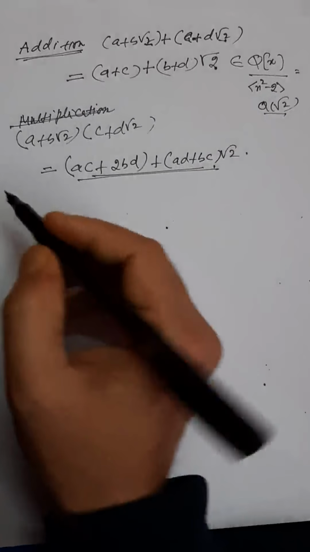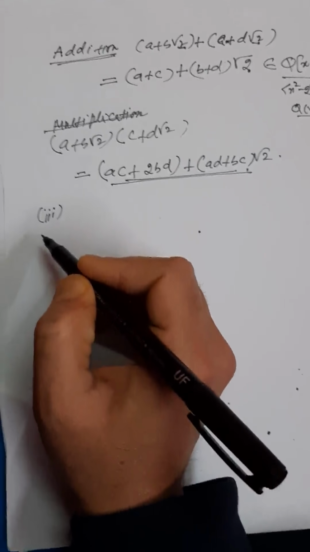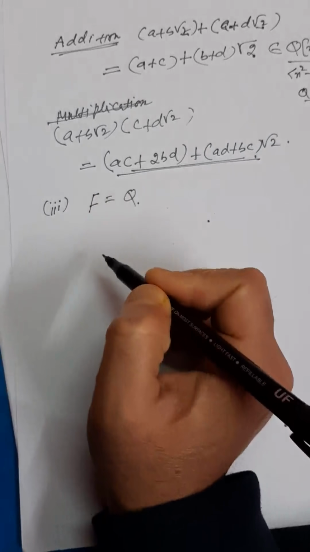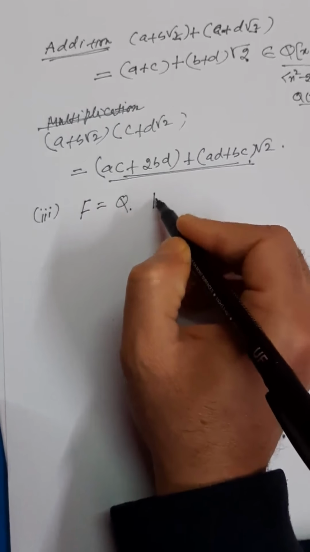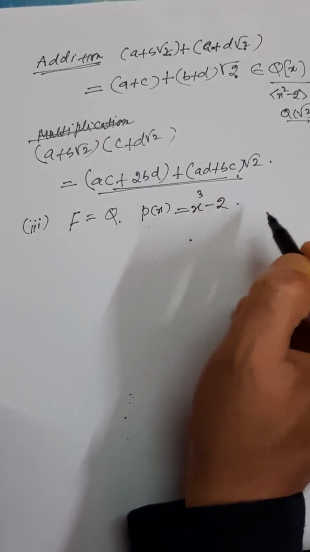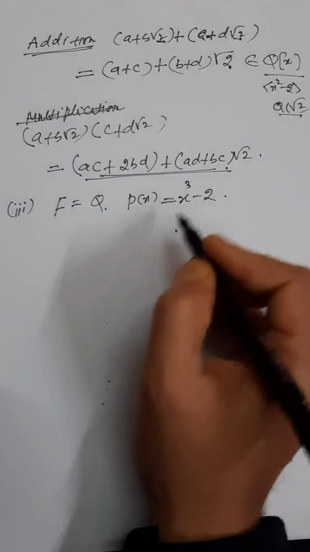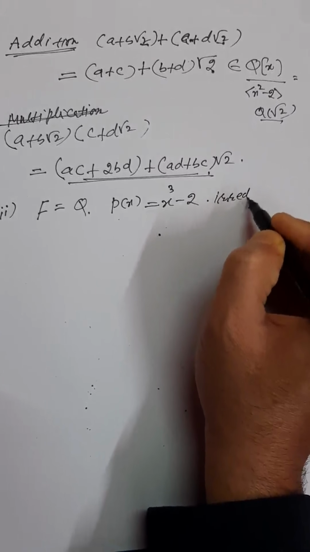Now the third part. Again take F as Q, the field of rational numbers, and take the polynomial x³ − 2. Again it is irreducible over Q by Eisenstein's criterion, with a similar argument.